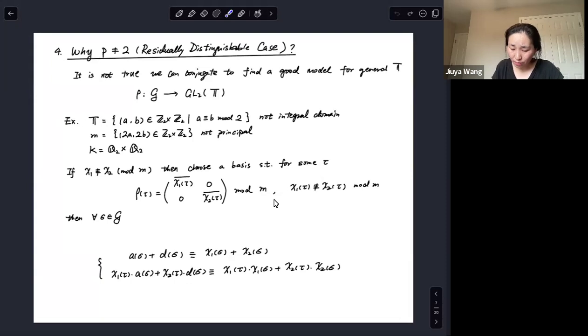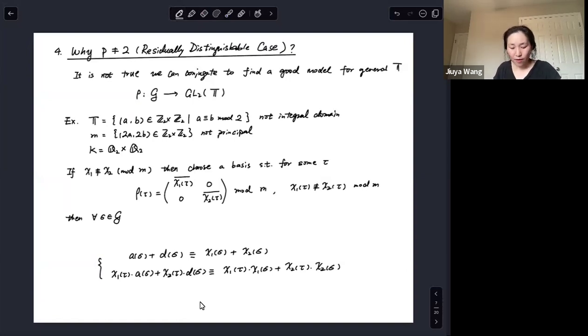So you can start with some tau where chi1 and chi2 are not congruent at tau, and use the eigenvectors for tau to find a good basis of this representation, such that rho of tau exactly looks like this expression mod the maximal ideal.